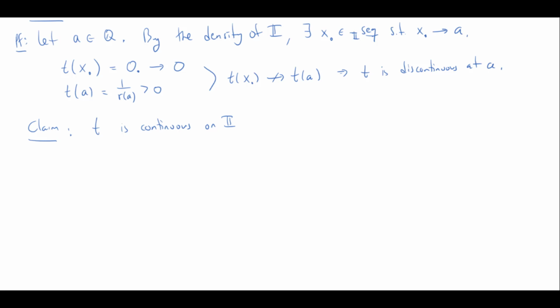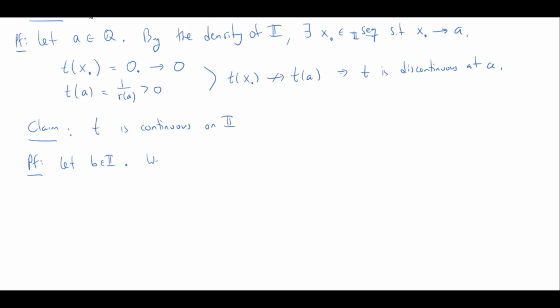So let's let, well, I already used A, so let's let B be an irrational number. Okay, and we're going to show that T is continuous at B. So what do we need to show?